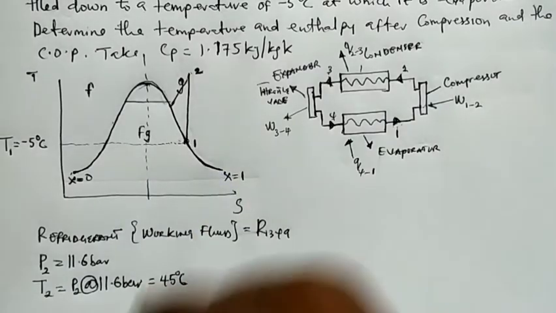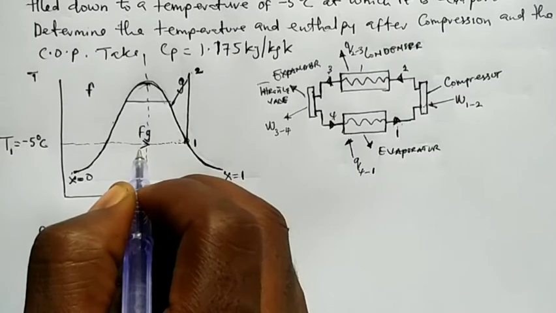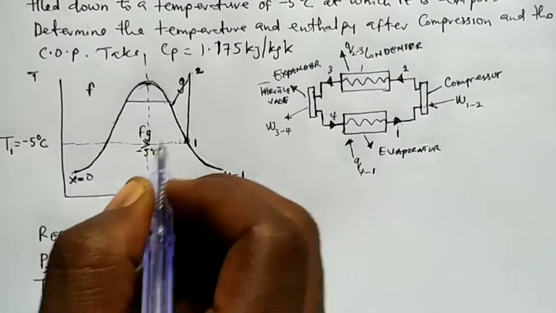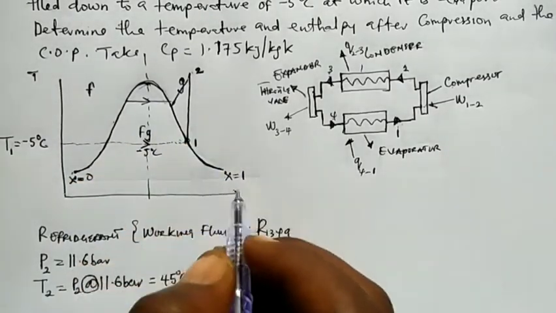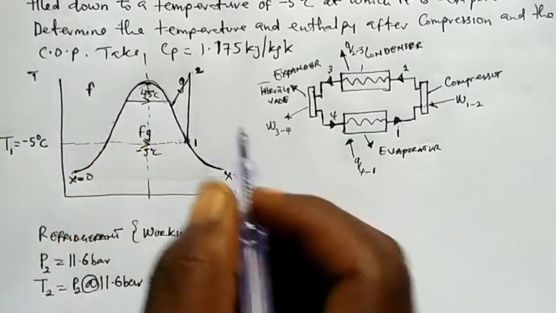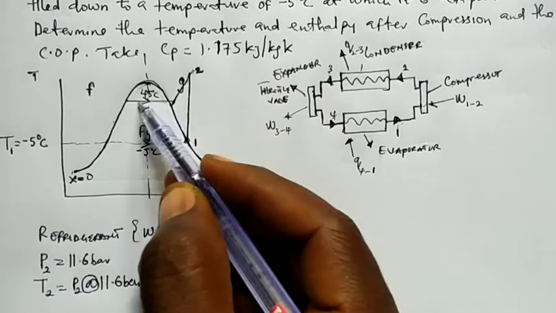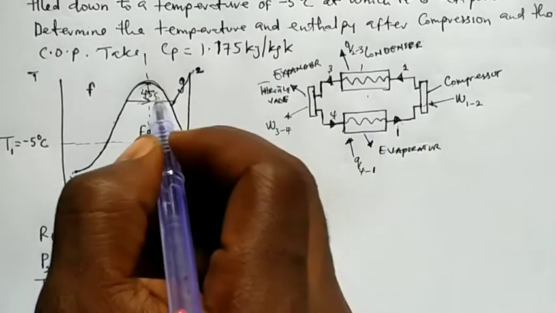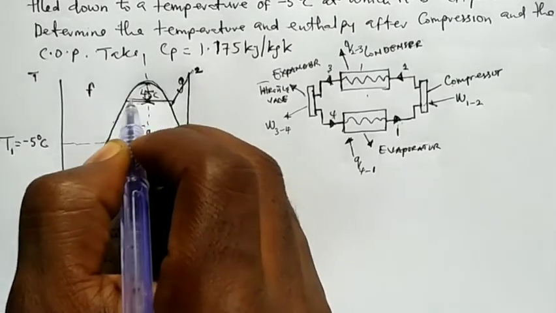So the evaporator at this point, we know is minus 5 degrees Celsius. Then the condenser here is what we just got now, which is what? 45 degrees Celsius. So it's entering from 2. It needs to come down here and enter into what? The condenser. Are we good? So it's going towards this direction. So from here to here is the condenser.